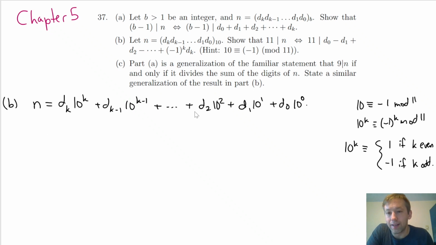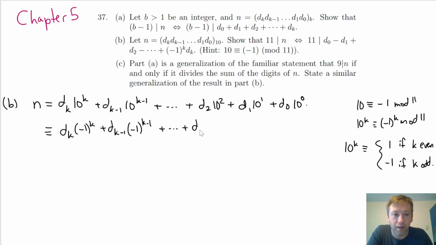So therefore, we can take this and say it's all congruent to dk times negative 1 to the k. We can just plug in: dk minus 1 times negative 1 to the k minus 1, plus dot dot dot, down to d2 times negative 1 squared, plus d1 times negative 1, plus d0 times negative 1 to the 0.